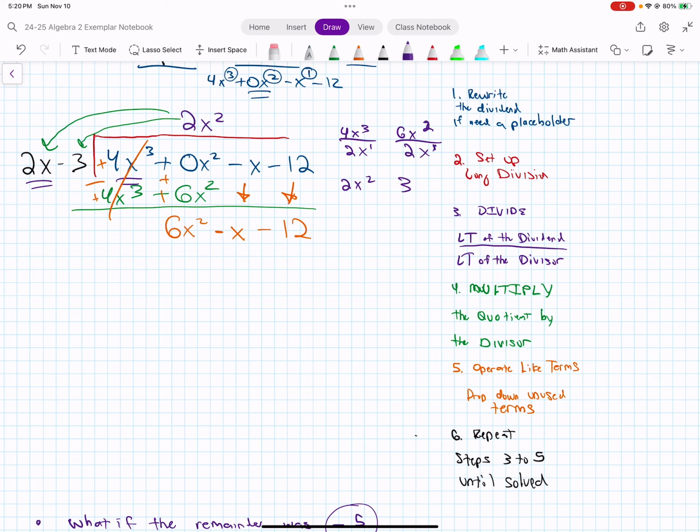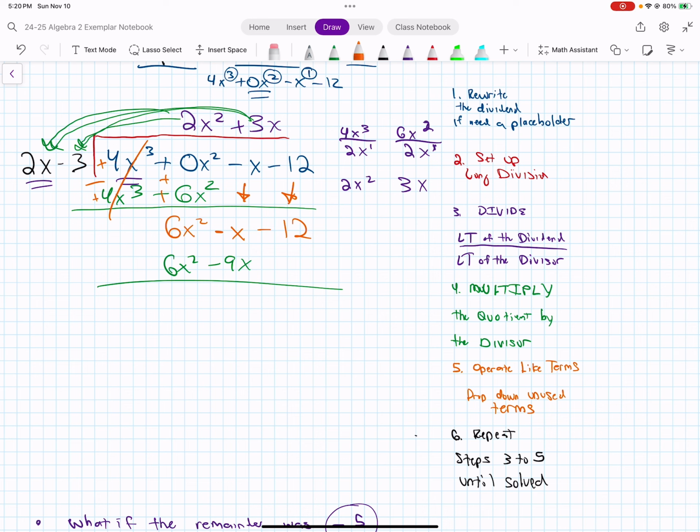And x squared divided by x to the first power is going to be x. So that quotient is positive 3x. Then step 4, multiply the divisor. 3x times 2x is 6x squared. 3x times negative 3 is negative 9x.